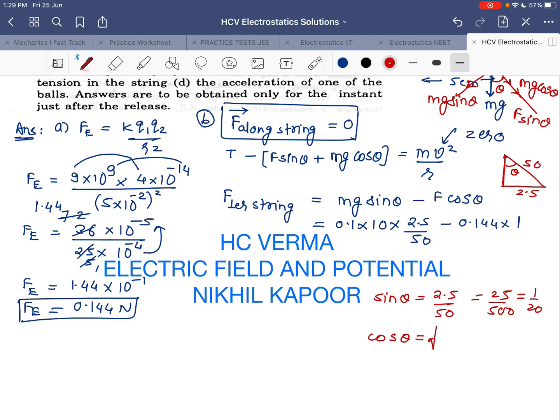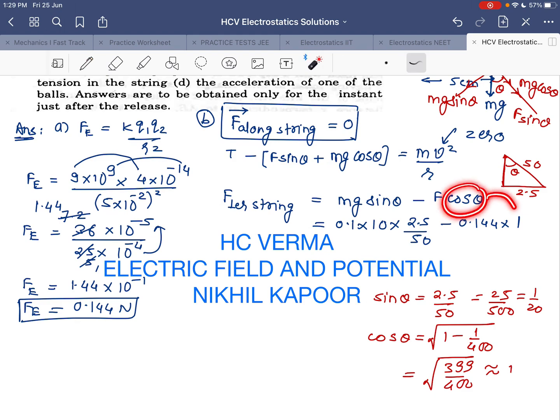And cos theta is under root 1 minus sine square theta, so it will be 1 minus 1 upon 400. So that comes out to be 399 upon 400. Now you can guess 399 upon 400 will be approximately equal to 1. That's why I have taken the value of cos theta as 1, and sin theta can be directly written as 1 by 20.